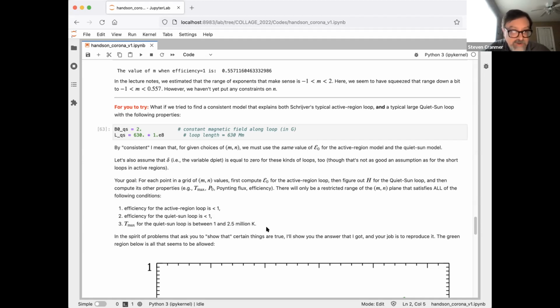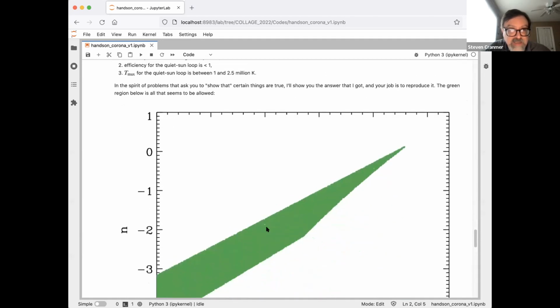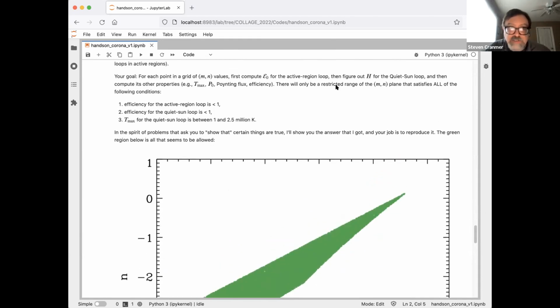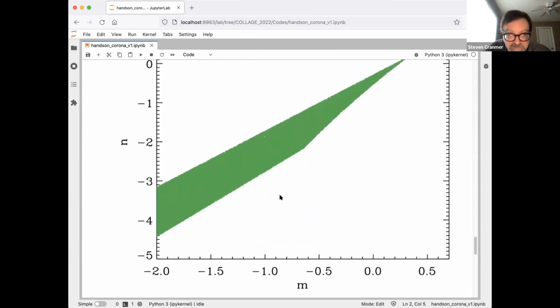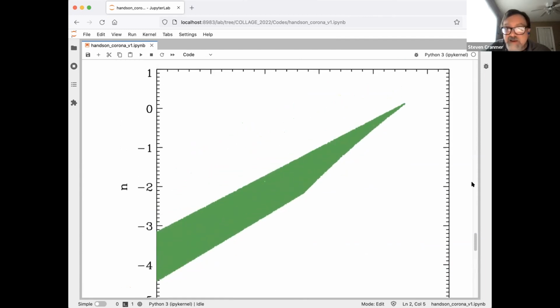And I went through it in my IDL code, and basically you want to find the regions of m and n where the efficiency for both loops is less than 1, and the temperature for the quiet sun loop is a little bit cooler than the active region loop. Not too much cooler, say between about 1 and 2.5 million degrees, just as a ballpark. And I'm giving you the answer. I'm going to show you here. I wish I could zoom a little better. Maybe I can.